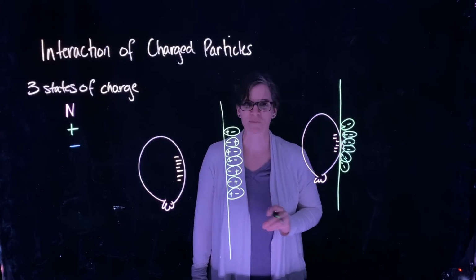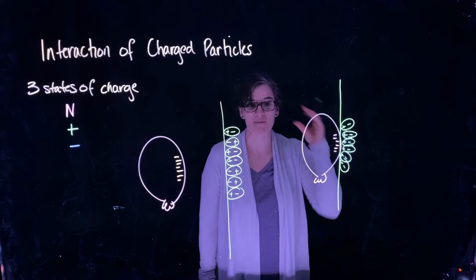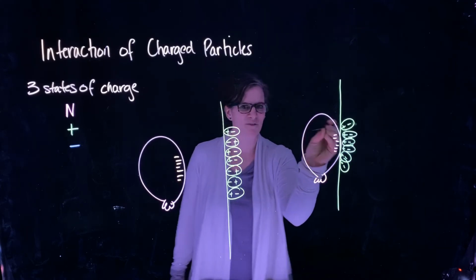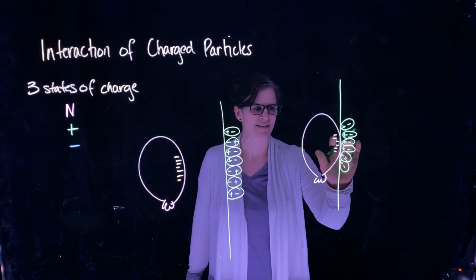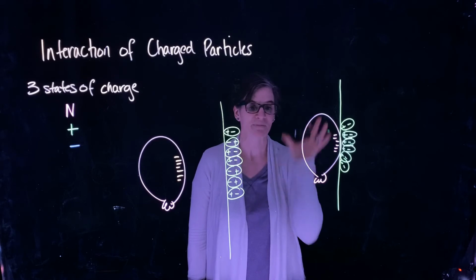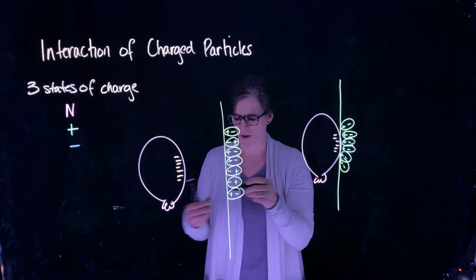That force, which is talked about in the mini lecture on the electric force or Coulomb's law, exists between these positive sides of these molecules and that negative charge on the balloon. And the balloon will stick to the wall.